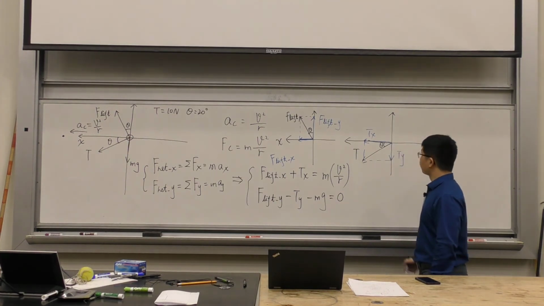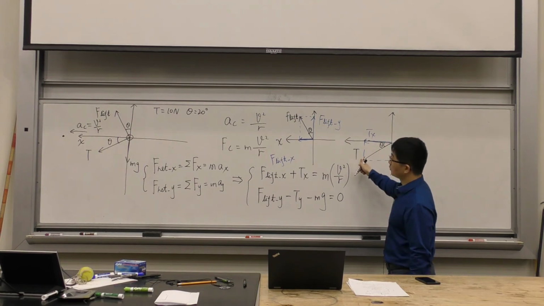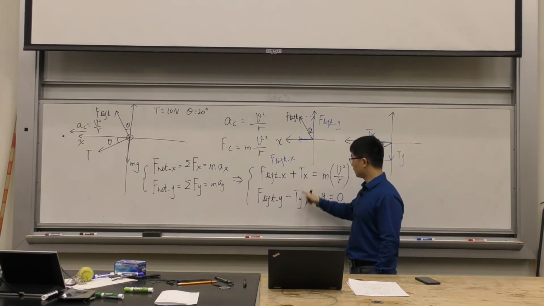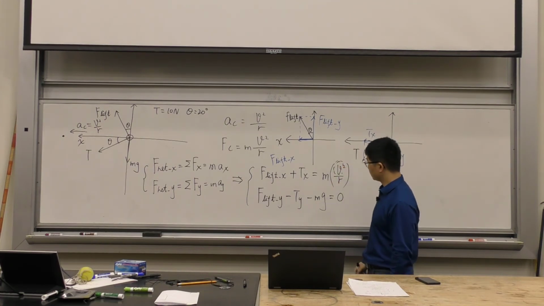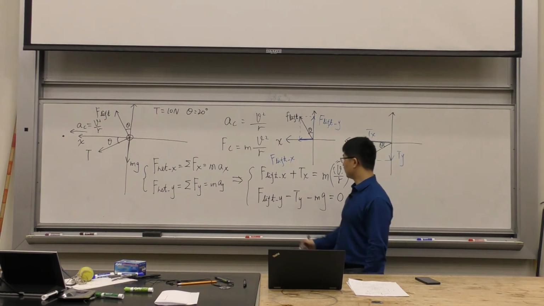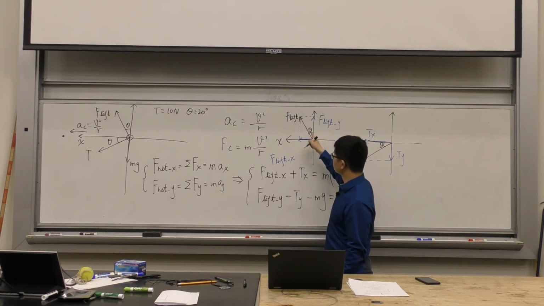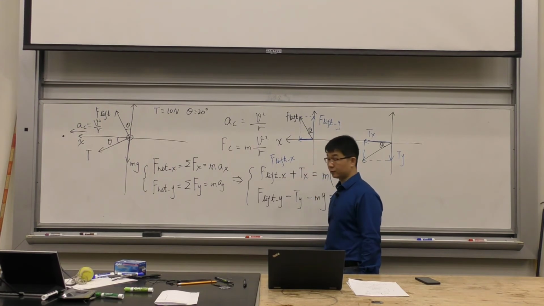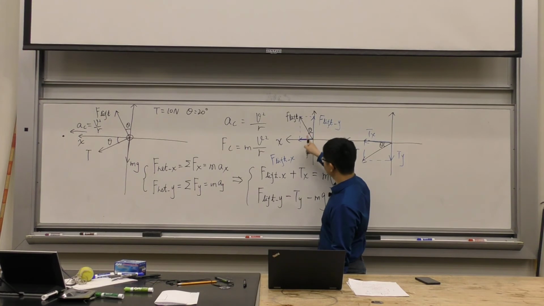Now you see that I can solve for Tx and Ty because I already know T and theta. So these two are going to become numbers for me. Don't forget what we're doing. We're trying to solve for this v. So all we need is going to be the lifting force x or y components and these two numbers. And you can write the lifting components as the lifting force times sine or cosine theta. So you don't know this lifting force, but you have the theta angle.